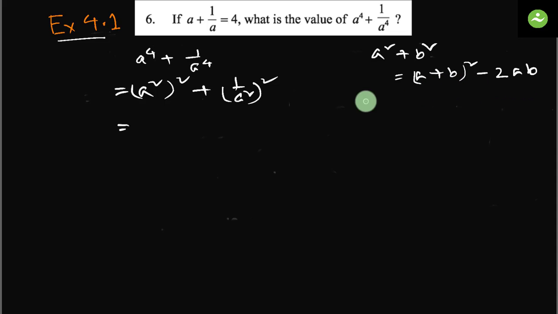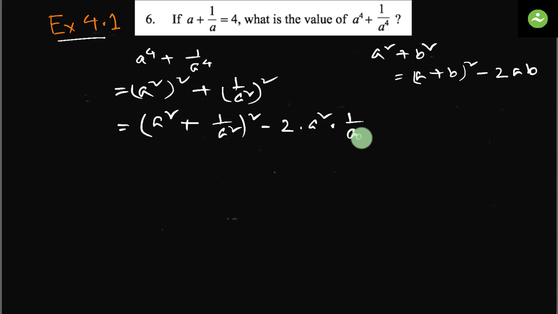whole square minus 2ab. So a square plus, here this is a and this is b, a square plus 1 by a square whole square minus 2ab, minus 2 into a square into 1 by a square. Simplify.